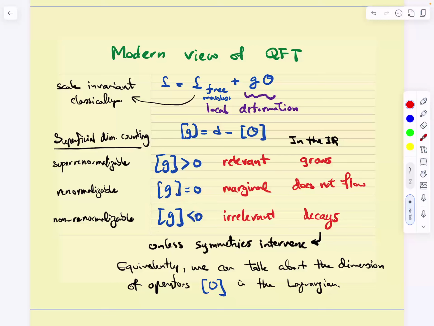Now, non-renormalizable theories are theories that have couplings that are irrelevant. Irrelevant couplings decay in the IR, which means that they grow in the UV. In the UV, they are big.